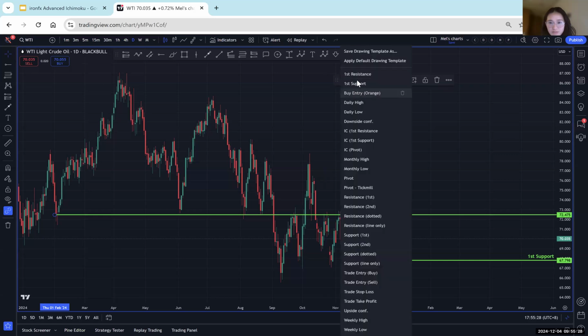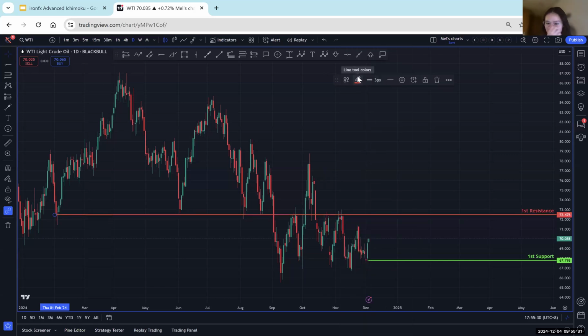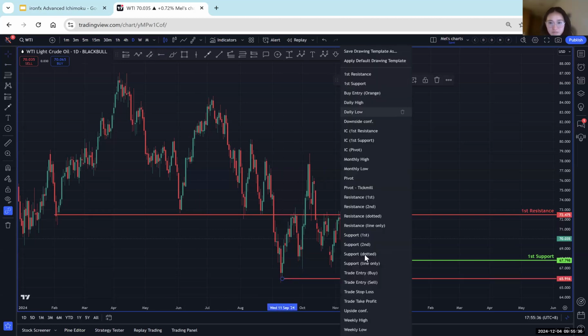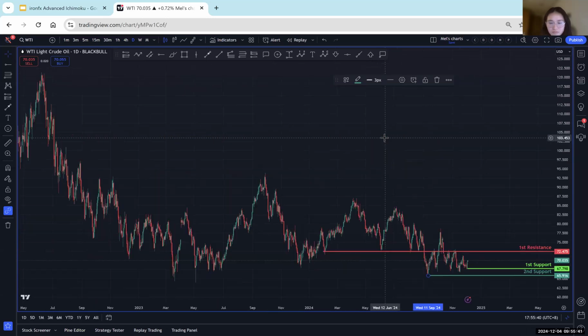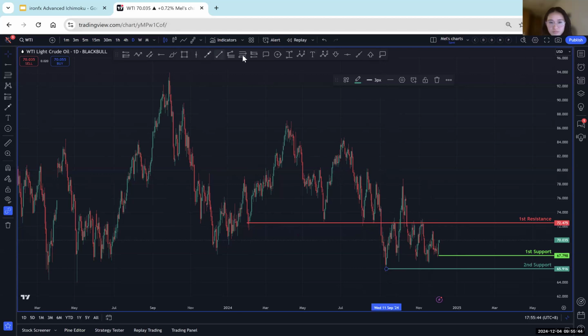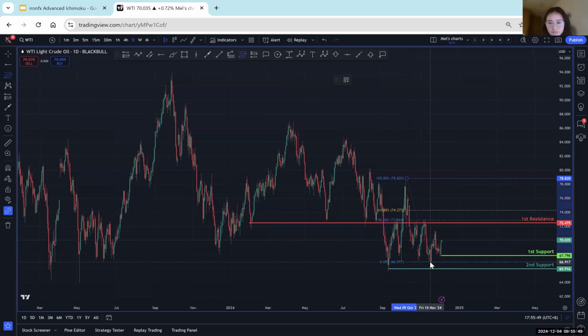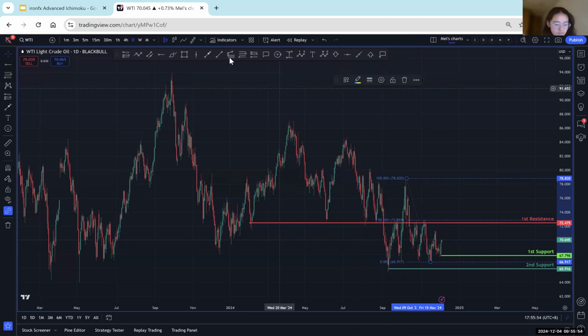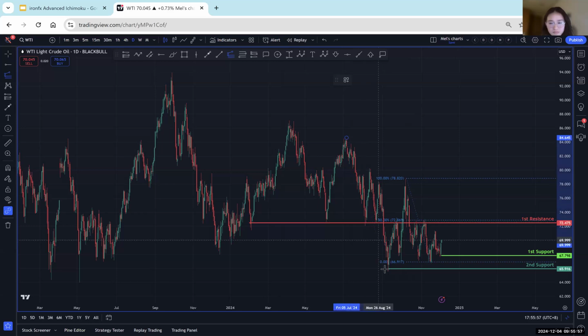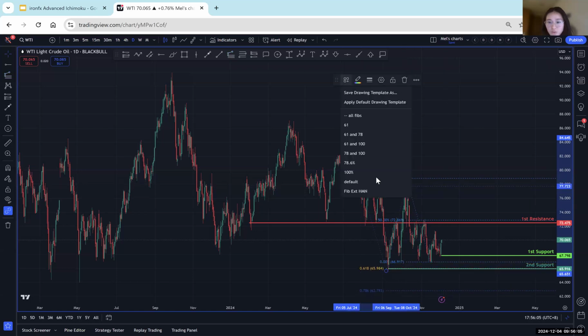Okay, this is my first resistance. And for my second support, maybe just down here. Okay, my 50% lines up. 61 lines up with our second support.